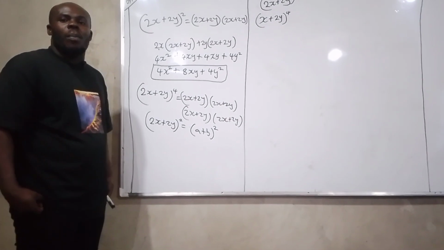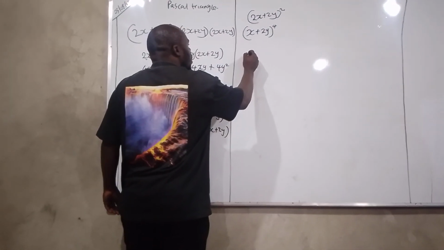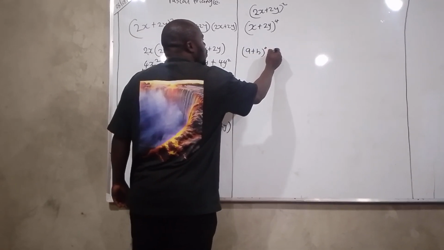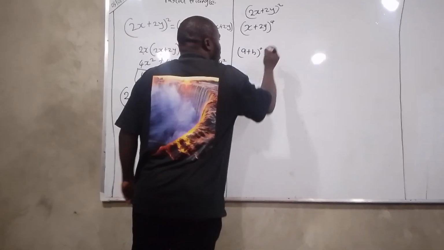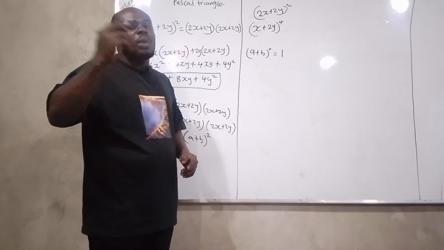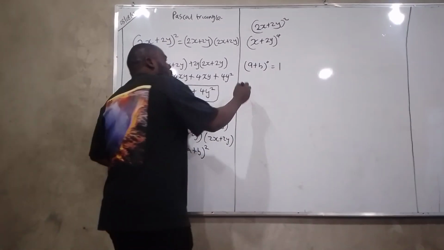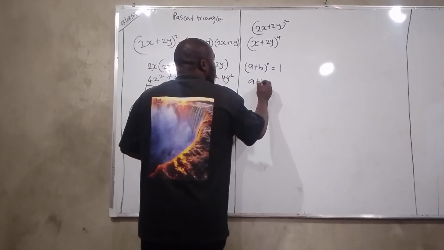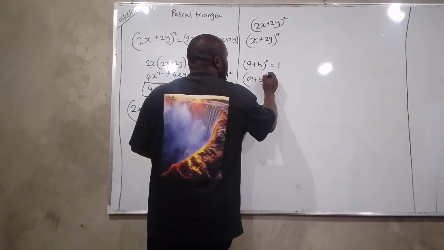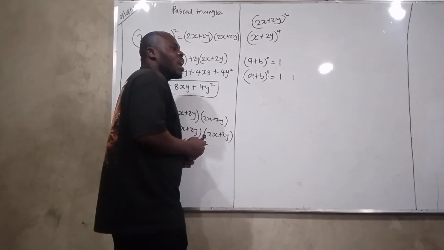Now, how do we go about Pascal Triangle? (a + b) to the power of 0 is 1. Now, there's no magic here. We all know that in mathematics, everything to the power of 0 is 1. (a + b) to the power of 1 becomes 1, 1 in the Pascal Triangle.